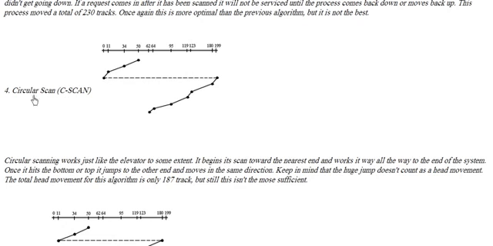Circular scan works just like the elevator to some extent, but it begins its scan toward the nearest end and works all the way to the end of the system.